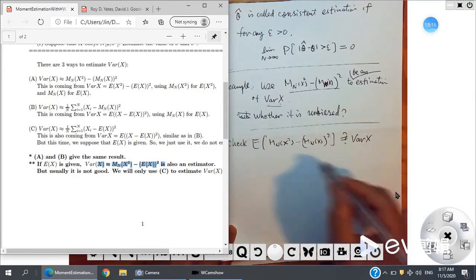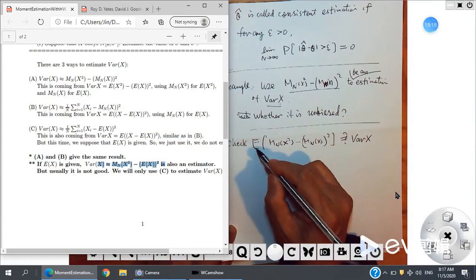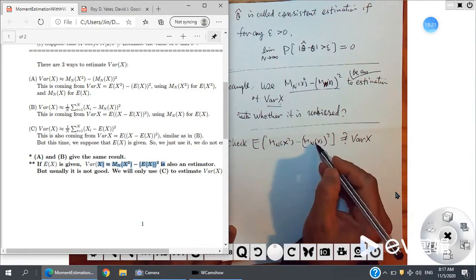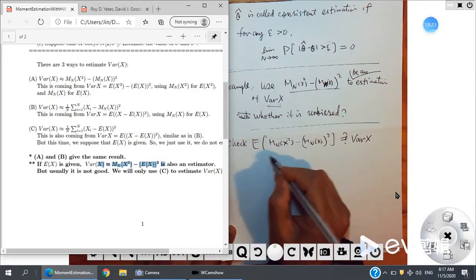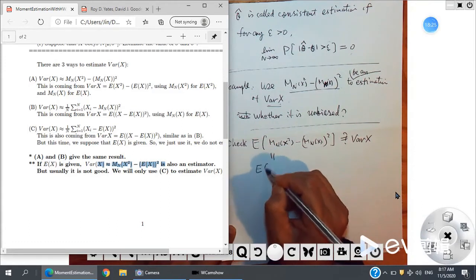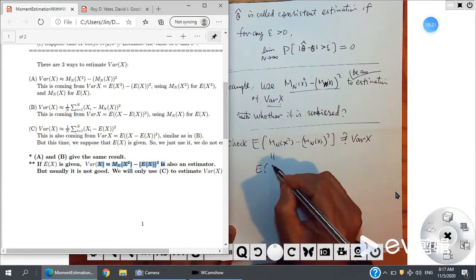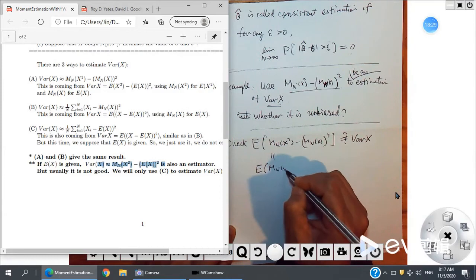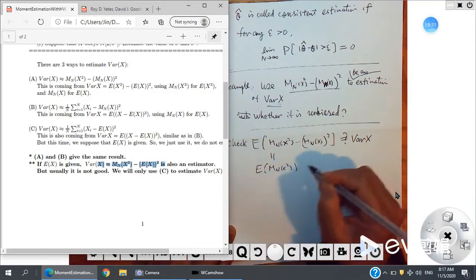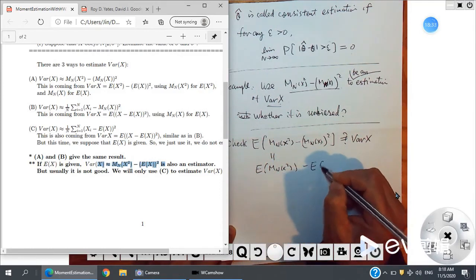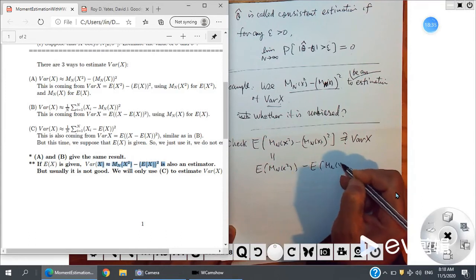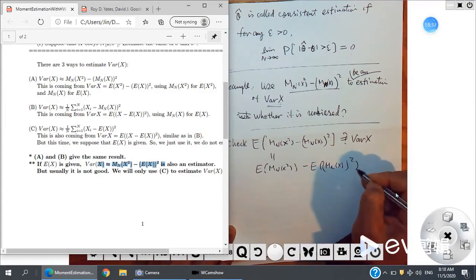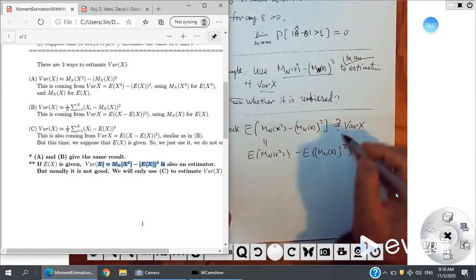Okay, this is the expectation value. Then I have 2 terms I can separate. So this one actually equals E of m_N of x squared minus E of (m_N of x) squared. All right, we want to check whether these 2 are the same.